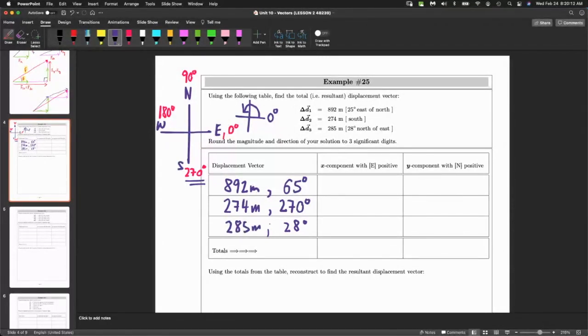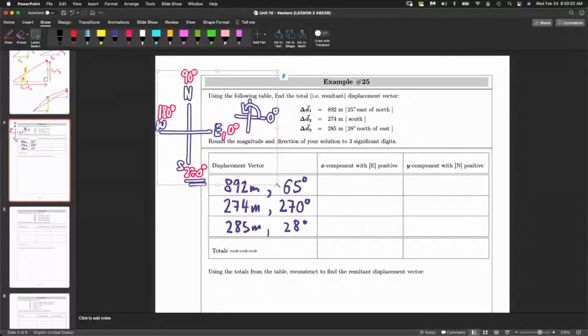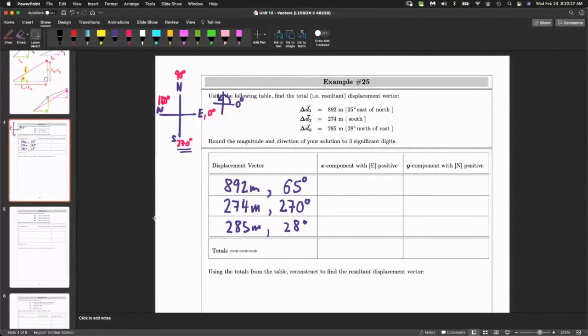So remember, each of these vectors, which has a magnitude and a direction, can be written as a little triangle on the side. Let's just move that out of the way. So for example, this 892 is over here somewhere because it's 65 degrees. See, 65 from here.